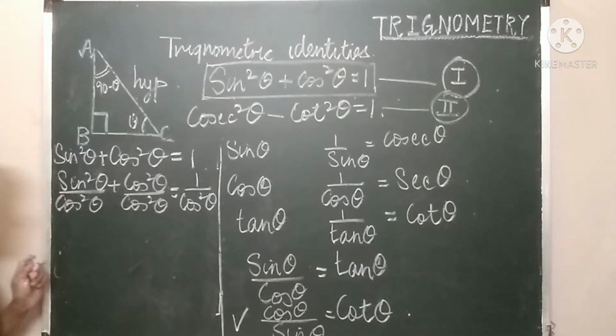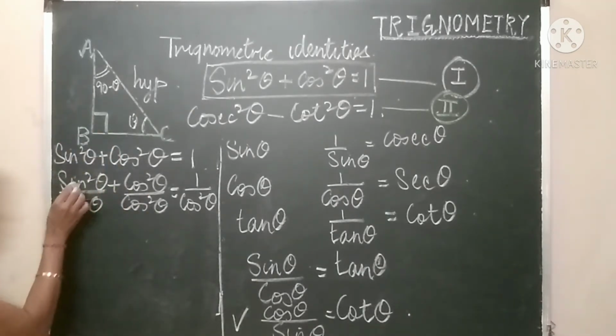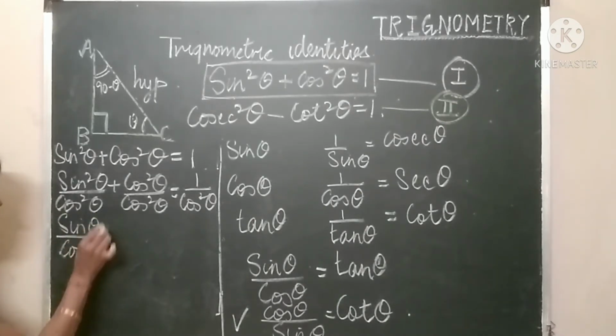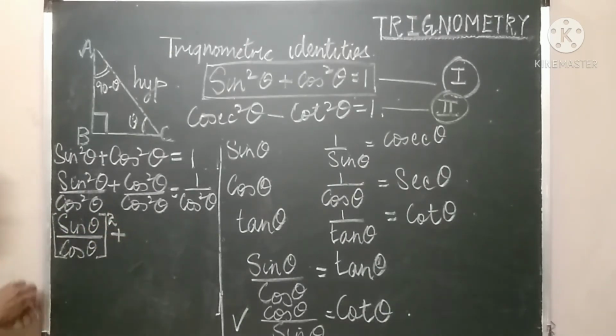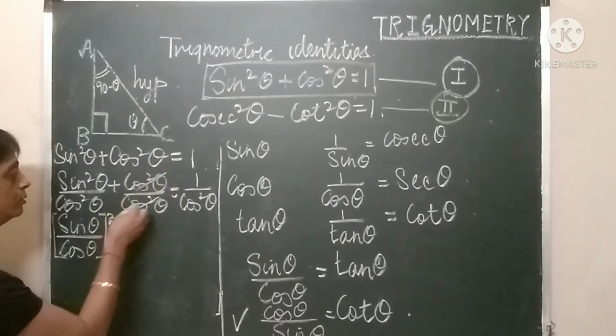Let's see now what happens. Sin square theta upon cos square theta. A square upon b square again can be written as a upon b, the whole square. So over here it will be sin theta upon cos theta, the whole square, plus cos square theta upon cos square theta definitely gets reduced.